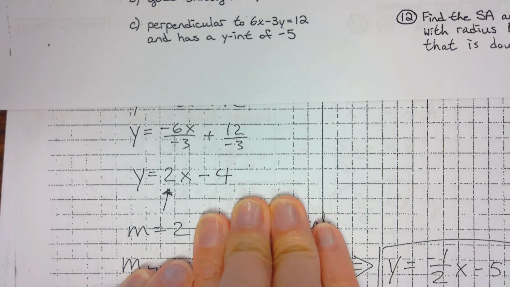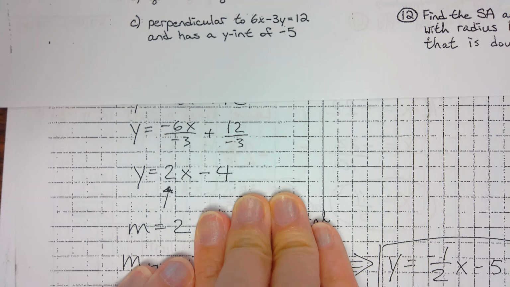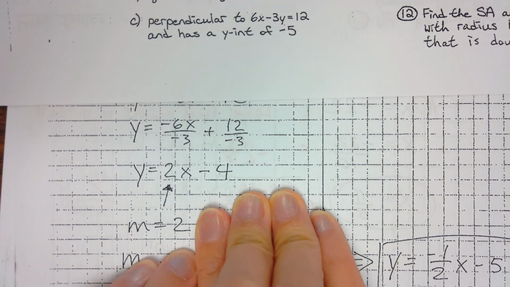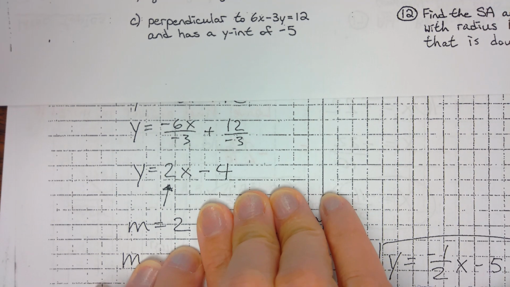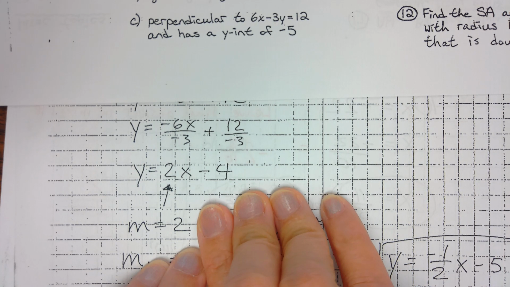So what about it? Maxwell, what do I want to do with this 2? I want the perpendicular slope. What's the name called? Aiden? I want the perpendicular slope. So what do I do with this 2? What's the perpendicular slope?